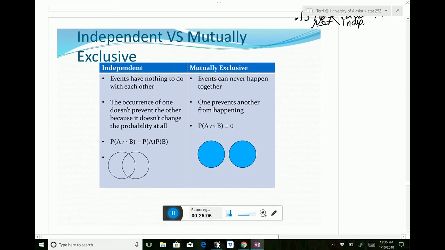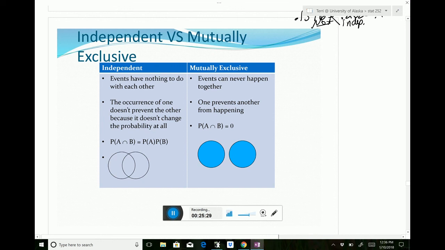One of the things that a lot of folks have problems with in the class is independent versus mutually exclusive events. When events are independent, they have nothing to do with each other. One happening doesn't have anything to do with the other one happening, and it doesn't prevent the other.